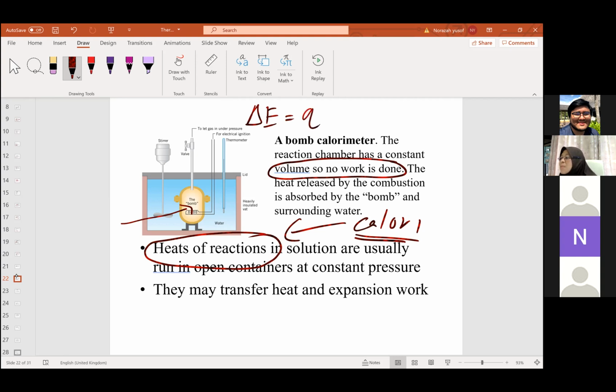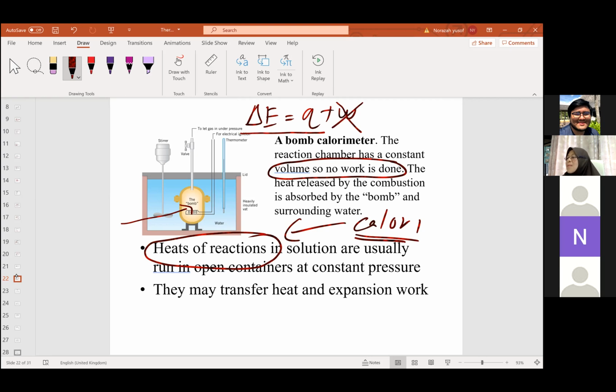It might change into W, okay? But based on the setup of the calorimeter, now we can control that the Q heat is equal to the total of the chemical energy from that particular food, right?